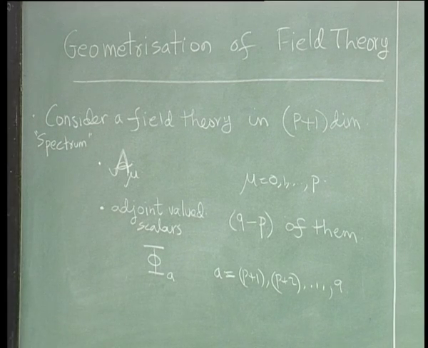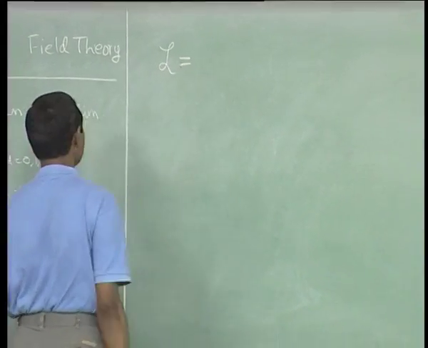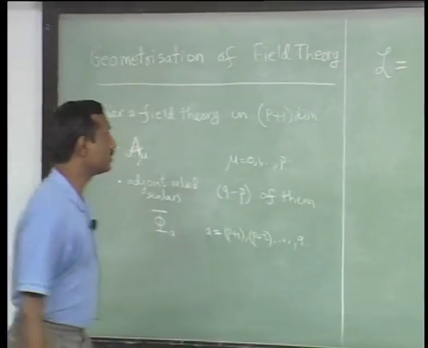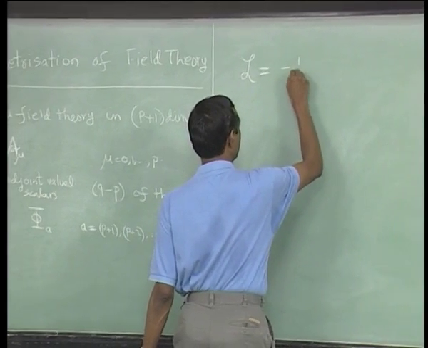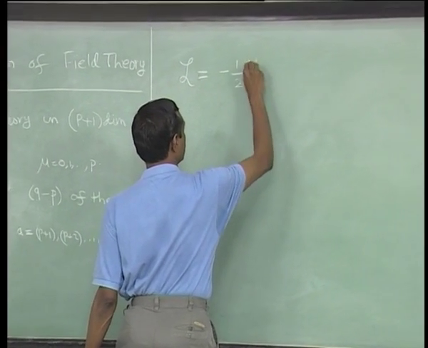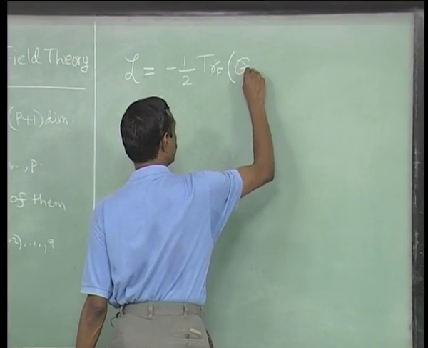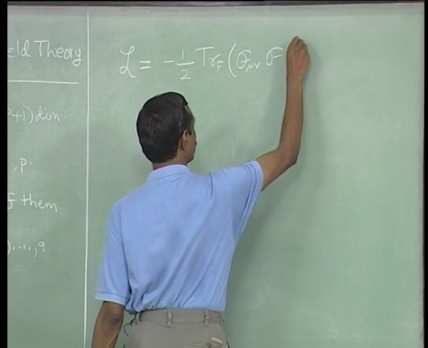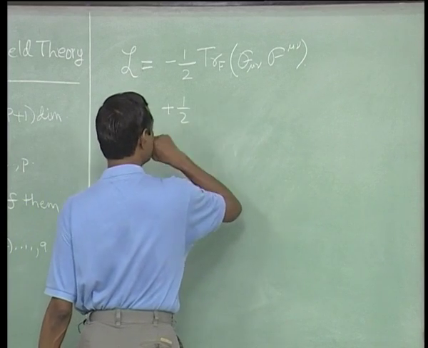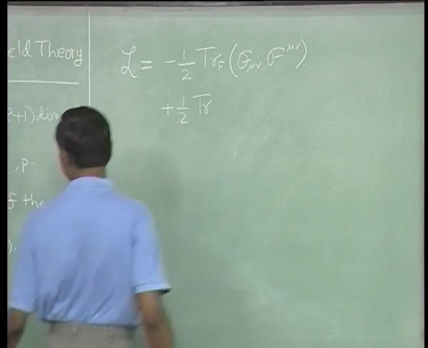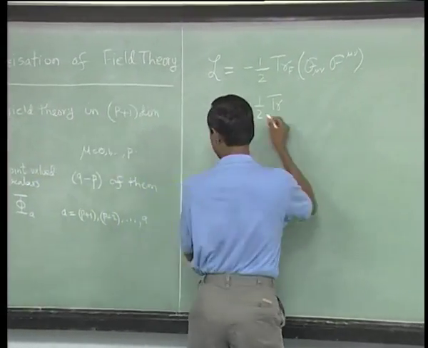Okay. And we need to give an action or a Lagrangian for this. So for the Lagrangian, we will write the simplest one we can think of, a 2 derivative one. It would be minus half trace in the fundamental of F mu nu squared. The trace for the scalars is in the adjoint, obviously, because these are adjoint valued things.